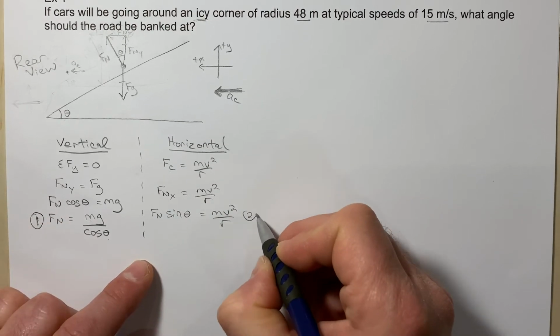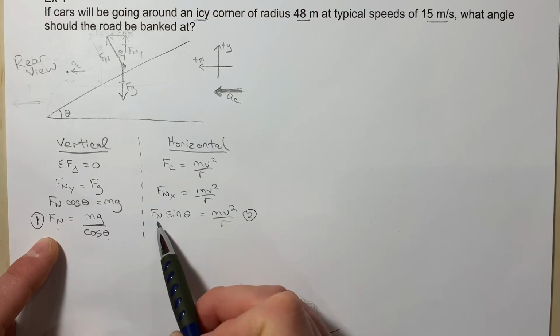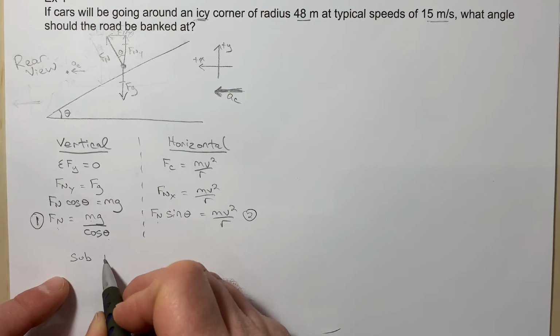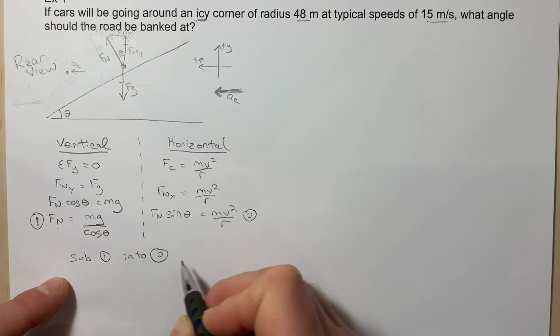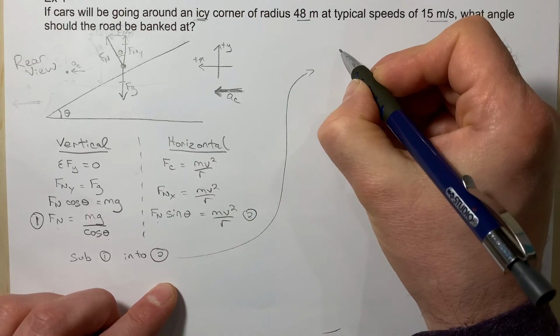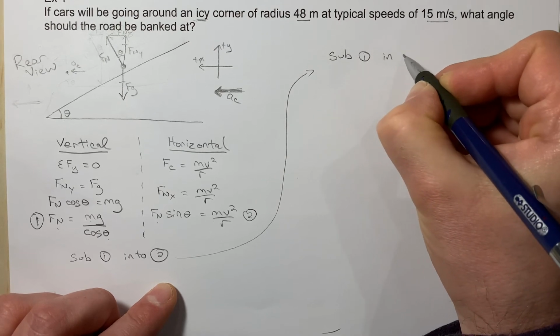There's equation 2. The reason I solved for Fn here is because I know I'm going to need to sub this Fn in right over here. So what I'm doing is subbing 1 into 2. Let's actually come up here and do that. I'll say it again right here: sub 1 in 2.